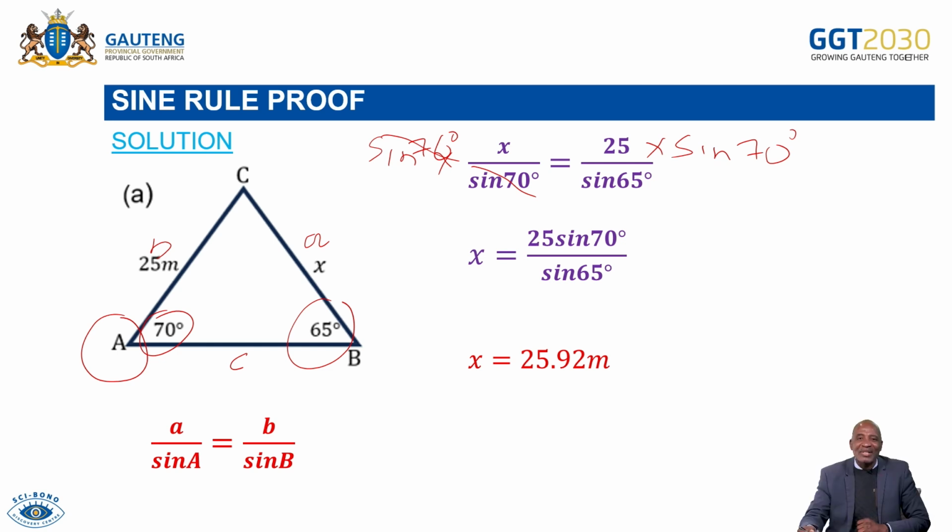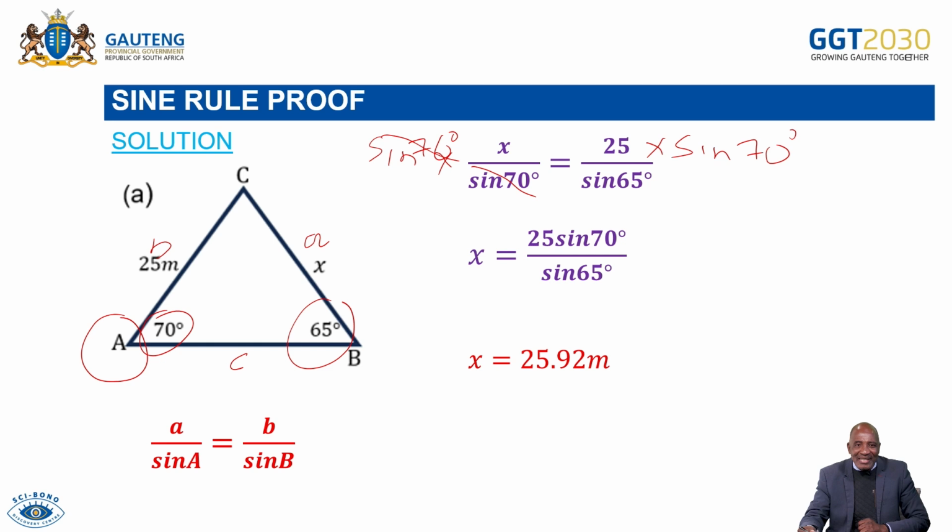Your x should give you 25.92 meters. So it means that side x or small a or BC is exactly 25.92 meters, correct to 2 decimal places. If you got any other answer besides this one, check your calculator. Maybe your calculator is not in degrees, and hence your answers were affected.